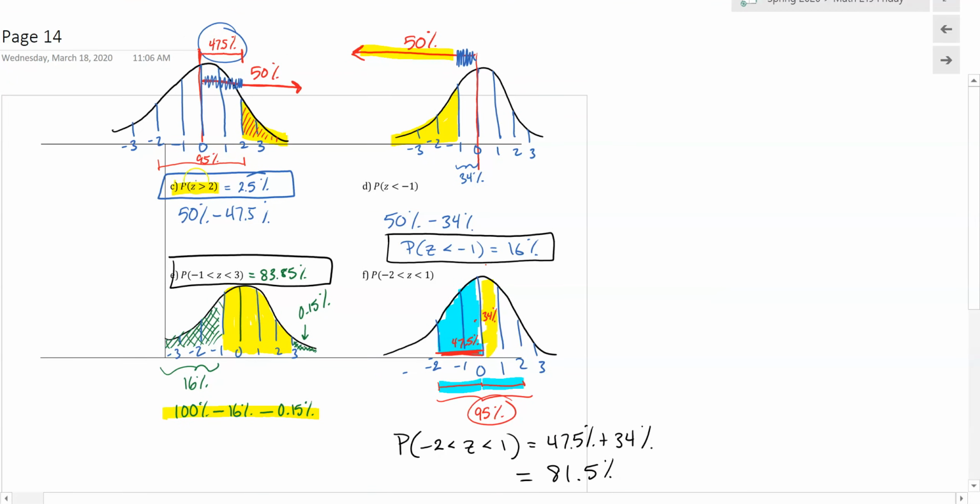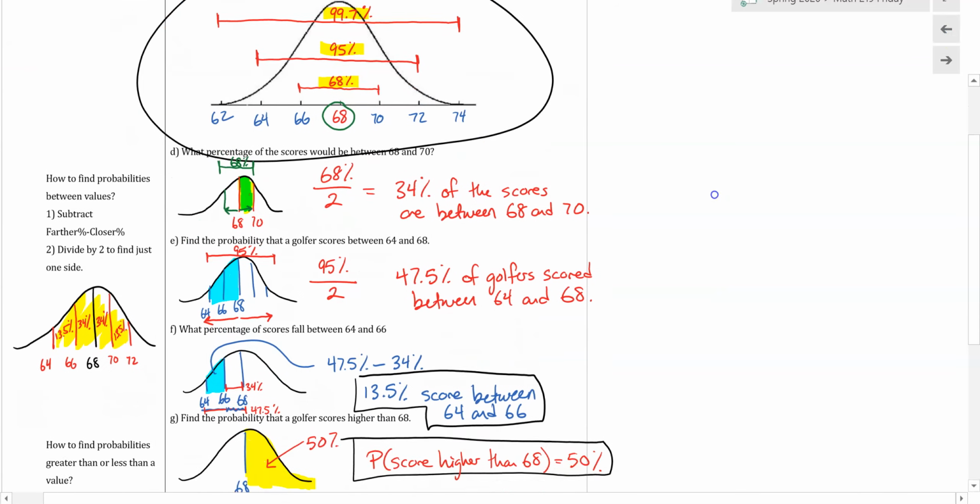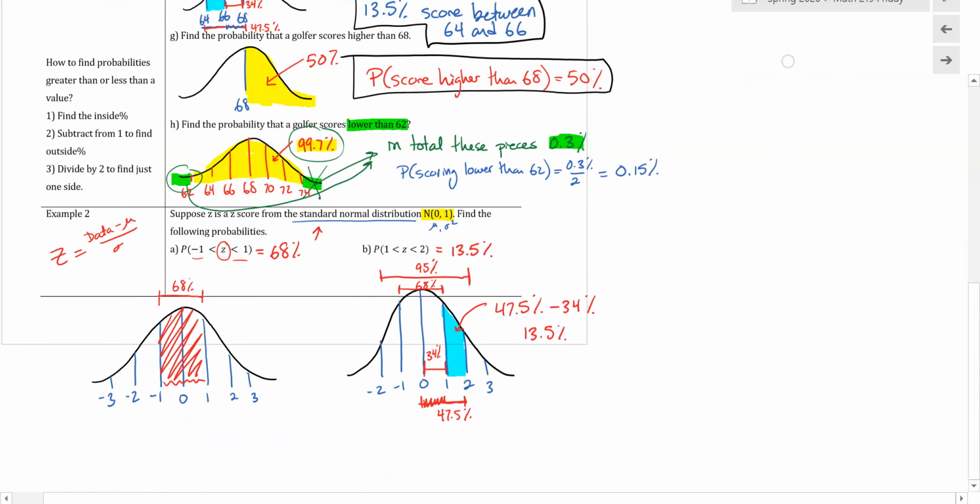These were standardized because we're dealing with z-scores here. The golf thing was not standardized because we were dealing with the raw golf scores. If I were to convert these all into their z-scores, you would get another bell-shaped curve, but it would have a 0 for the mean and 1, 2, 3 for your standard deviations.